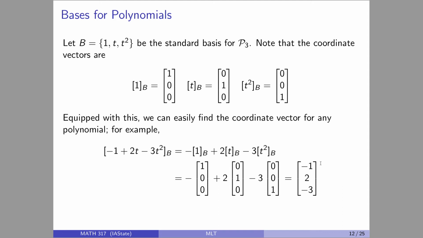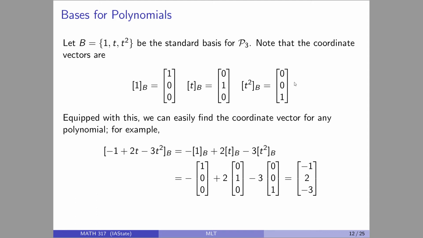So its representation is exactly what you think it should be, -1, 2, and -3. Okay, so keep this example in your mind when we're going on and talking about coordinate vectors and playing around with them, because in reality, this is what they are. Polynomials are a great way to think of them.